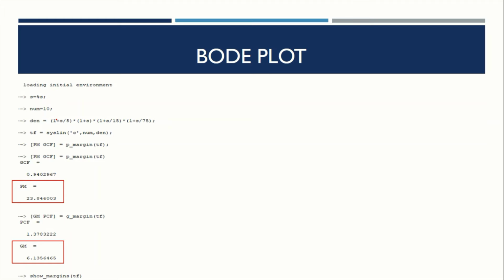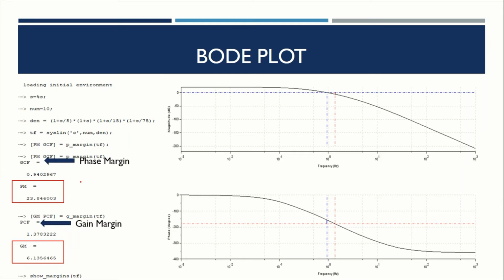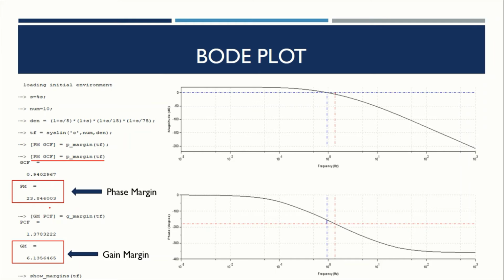In Scilab, you can get the phase margin and the gain margin. First, you have to type this, and then the numerator, denominator, and the transfer function. If you want to find the phase margin, you can use this. You can type like this, and then you can get the value of the phase margin.